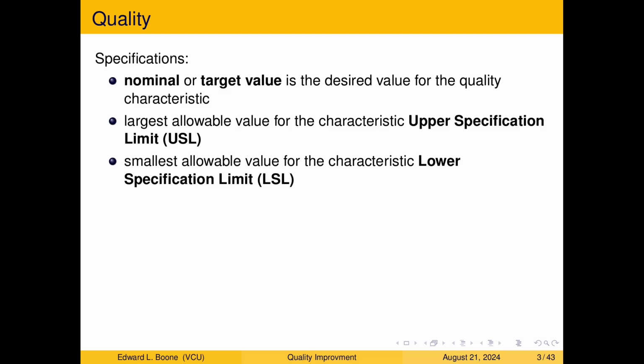Don't go any higher than this, because if you do, the tire might explode. But there's also a lower bound, because if the pressure is too low, the tire may wear poorly, or it might break, because there's not enough pressure in it to do its function. So keep in mind that specifications are going to be important.